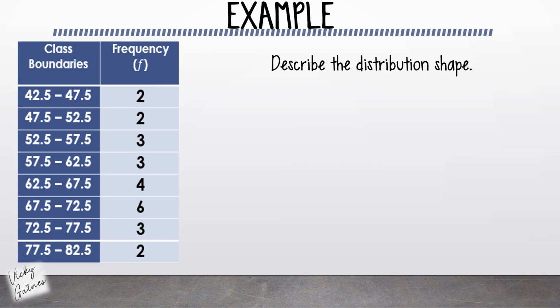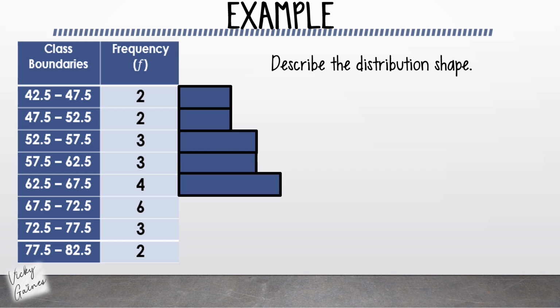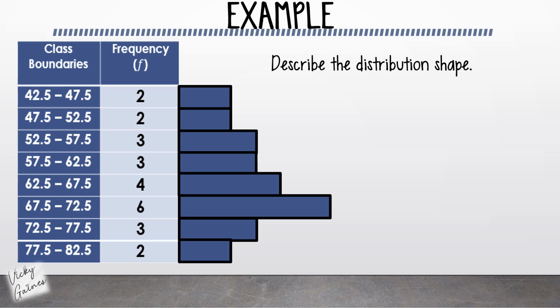Here we go, distribution shapes. So here is that same frequency distribution, and I'm going to make up bars to help us visualize what's going on, kind of based on the frequency. So we have a couple 2s, 3's a little bit higher, a couple 3's, 4, 6, 3, and 2.